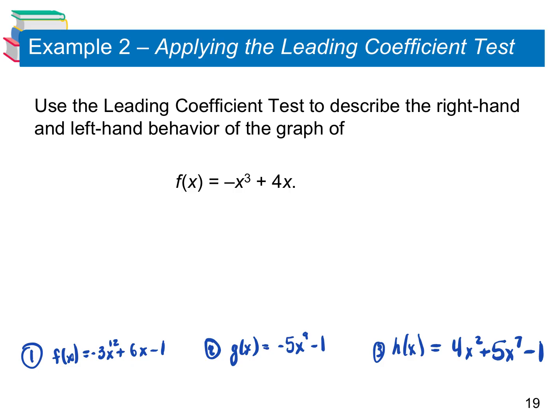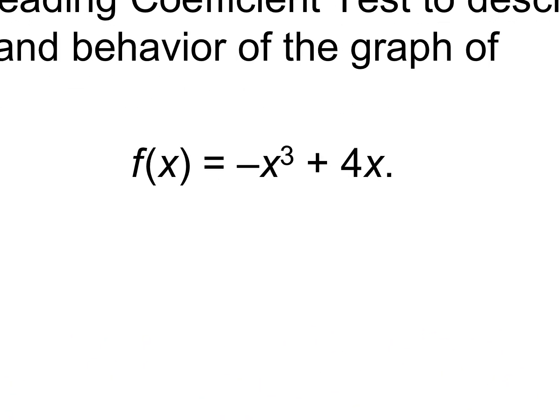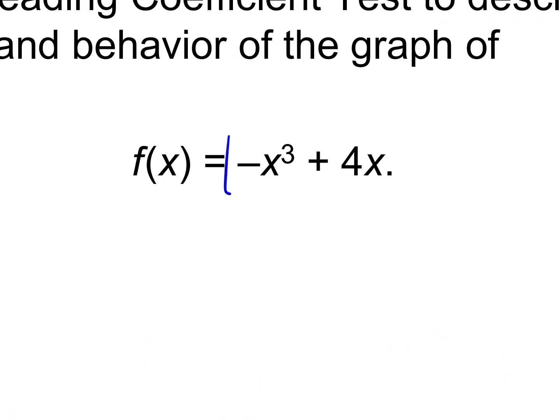So in example 2, it says use the leading coefficient test to describe the right and left-hand behaviors of the graph. In our first example, we're looking at our highest degree term. That is negative x to the 3rd power. If it's x to the 3rd power, is our exponent even or odd? Odd. So are they going to go in the same direction or opposite directions? Opposite directions.